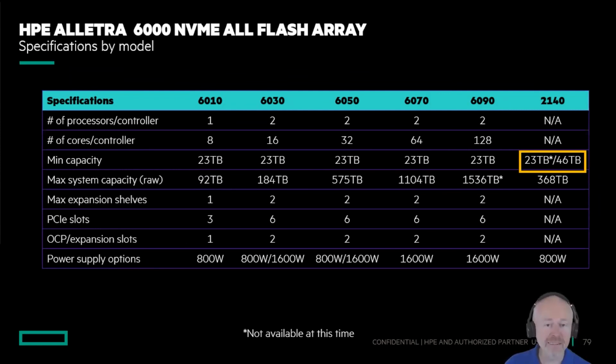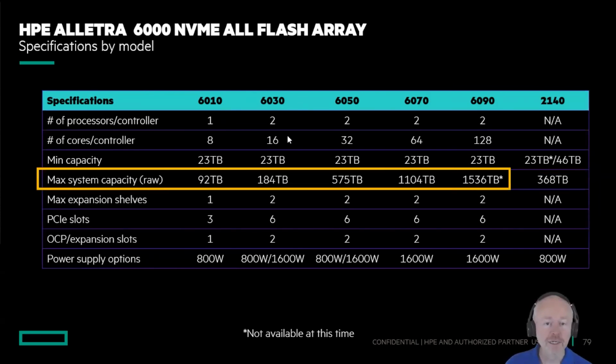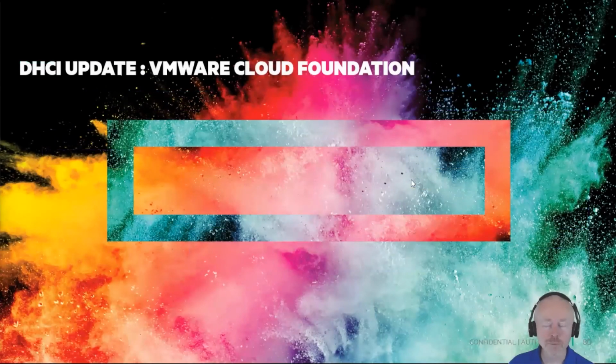It is by design like that. Otherwise, you have to upgrade to the 6030. And so this is where you have to take a look. That will define how much capacity, which NVMe drives, you have to put in your 2140. Okay. So that is available. This was announced a few weeks ago.